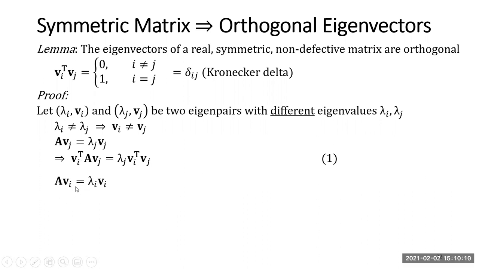Again, AVi equals lambda i Vi. This time I take the transpose of both sides. So AVi transpose equals lambda i Vi transpose, whence Vi transpose A transpose equals lambda i Vi transpose.